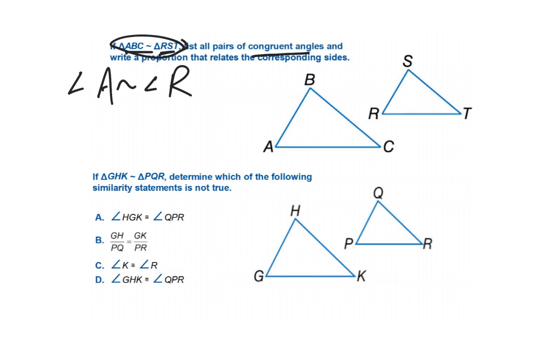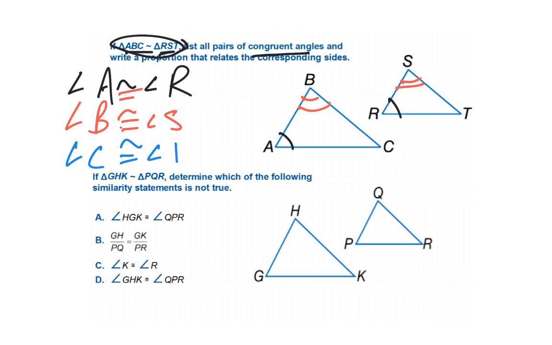You don't even have to look at the triangles. So I could go and mark this. Angle B, they're congruent. What's angle B congruent to? Yes. And then angle C is congruent to angle T.